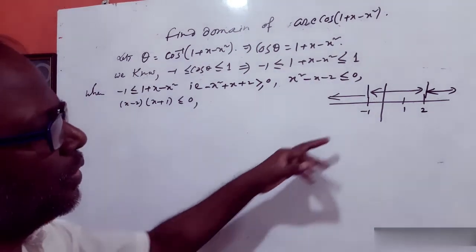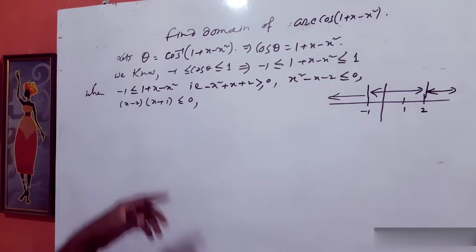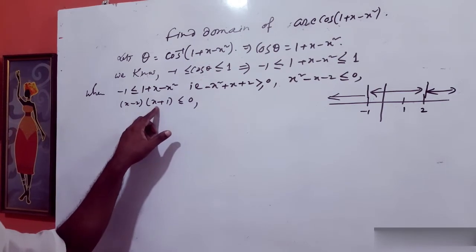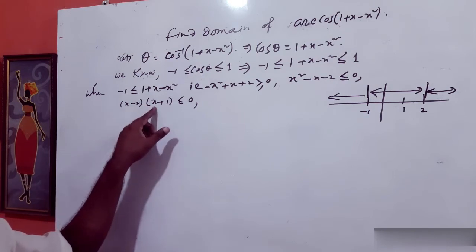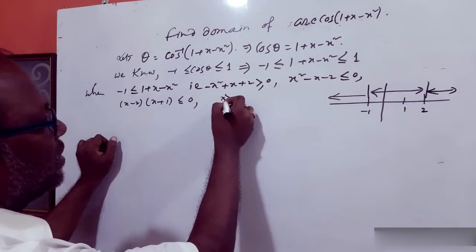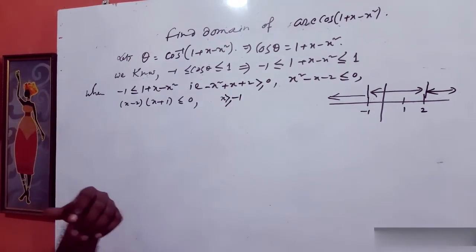Now if we take greater than -1, like -0.9, we get negative and positive. Negative into positive is negative, so it is satisfied. So x greater than or equal to -1 is satisfied.